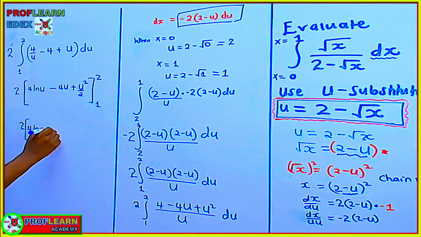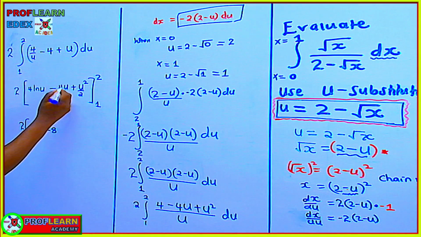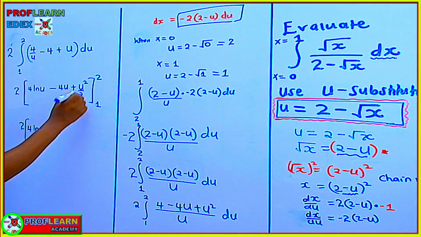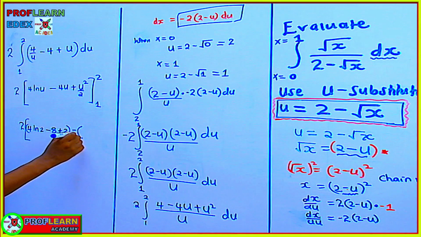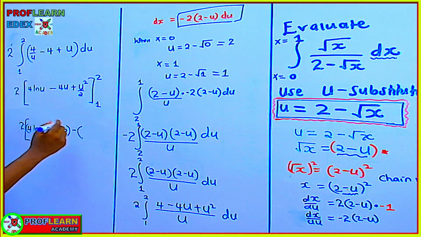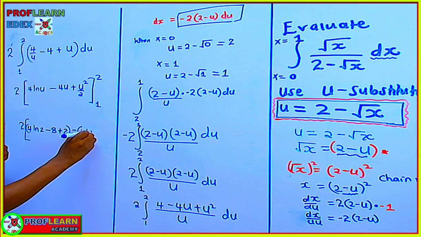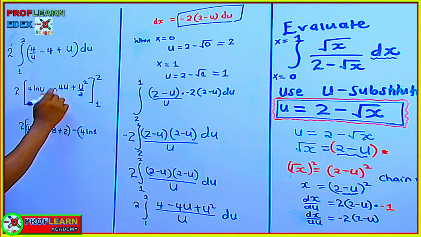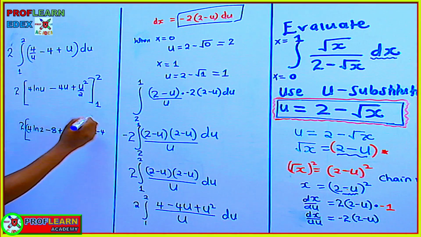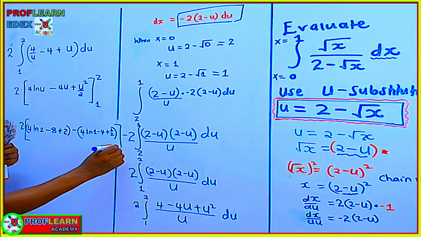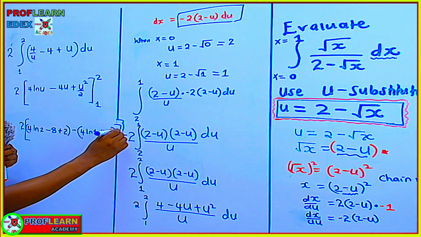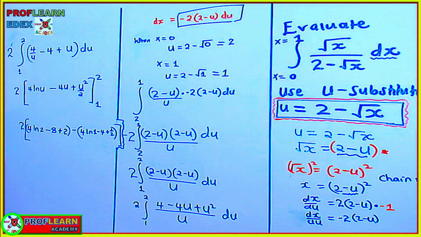We shall have 4 times 2, that will be 8, then plus 2 squared over 2, that will be 4 over 2, which is now 2, minus into bracket, substituting 1: 4 ln of 1, then minus 4, then plus 1 over 2. Then we enclose everything there like that.